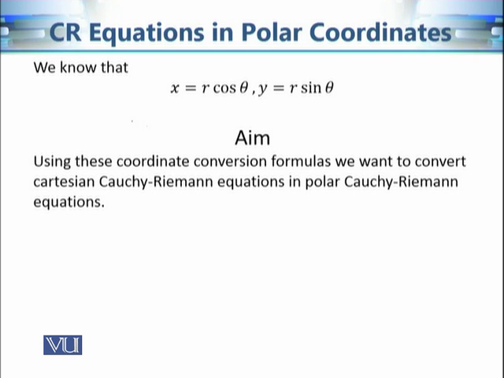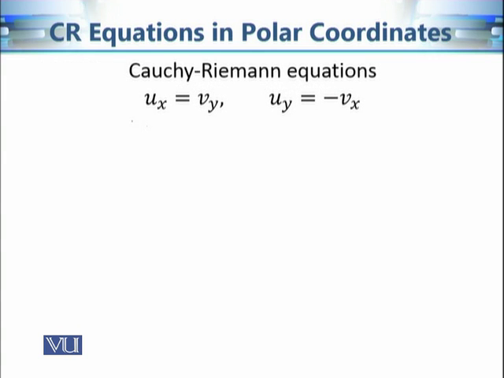So we want to use these relations between polar and Cartesian coordinates to derive Cauchy-Riemann equations in polar coordinates. So what are Cauchy-Riemann equations? In Cartesian coordinates, ux is equal to vy and uy is equal to minus vx. Now observe that these equations relate partial derivatives with respect to the Cartesian coordinates x and y.